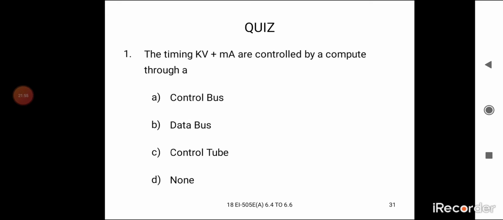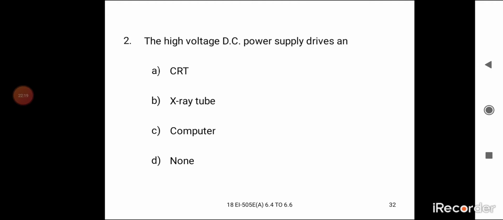Quiz. The timing kV plus milliamps are controlled by a computer through a control bus, data bus, control tube, or none? The answer is control bus.